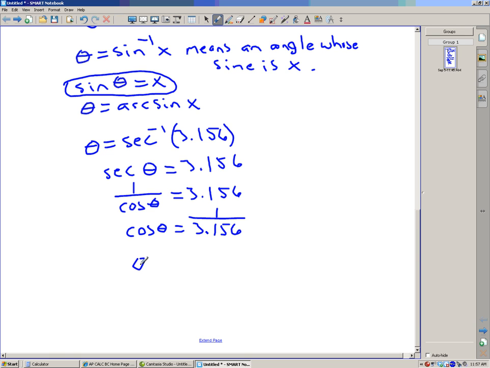So we're going to rewrite this now as theta equals the arc cosine, which is cosine negative 1, of 1 over 3.156.